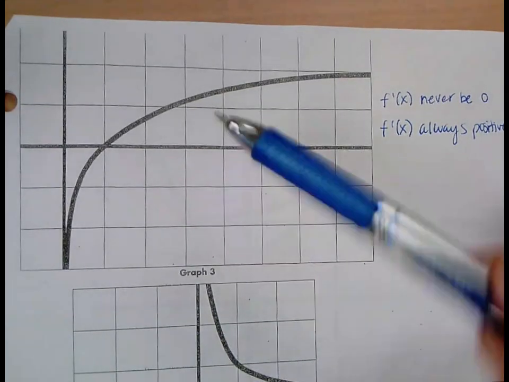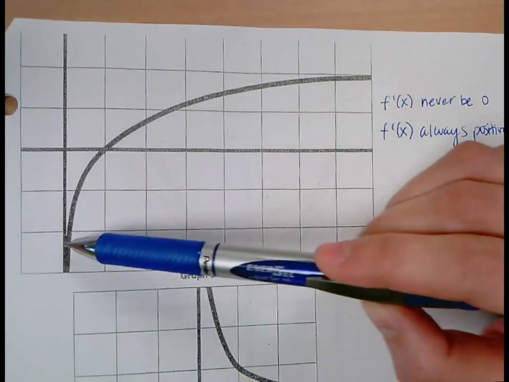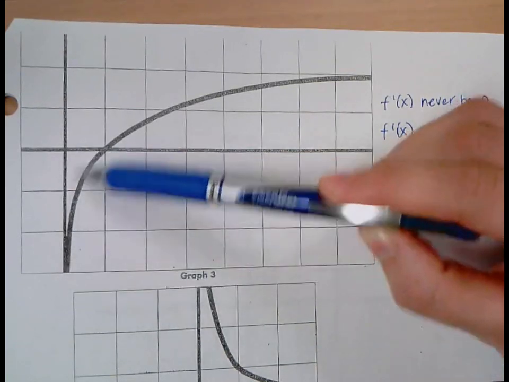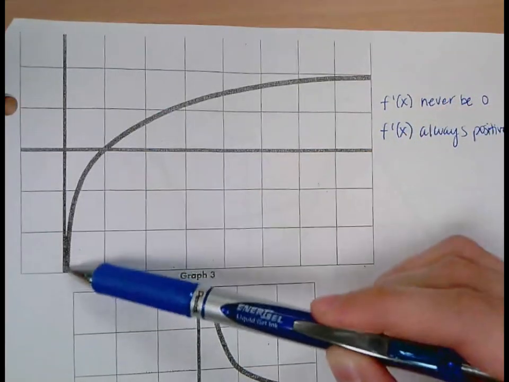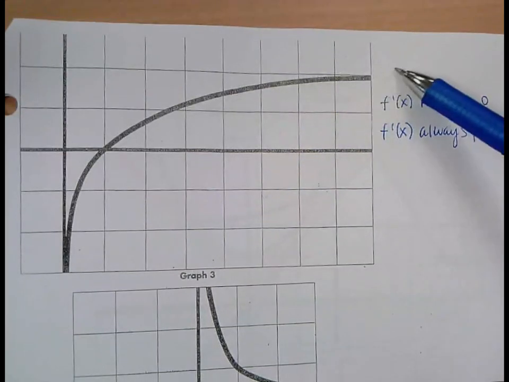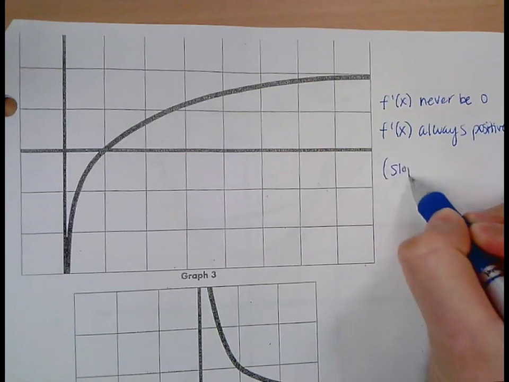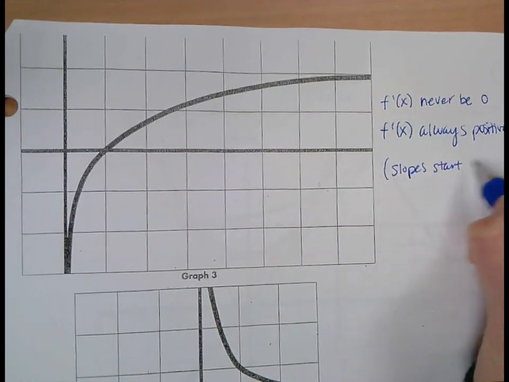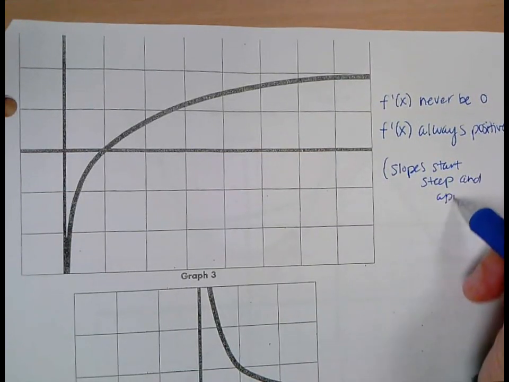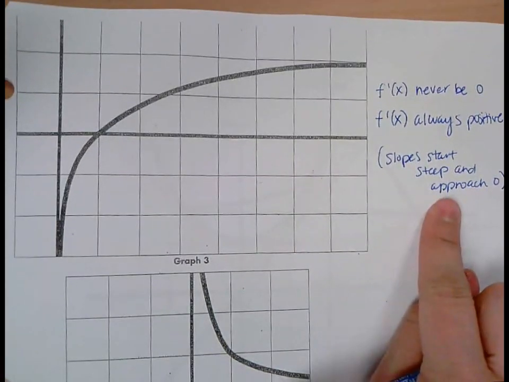So how to also look at this to get the shape. If you were to draw tangent lines in, these tangent lines at the beginning are going to start out very, very steep. And then as you draw lines along the curve, they slowly become more and more horizontal. So because the slopes start steep and approach 0, that's explaining what happens on the graph of f prime.